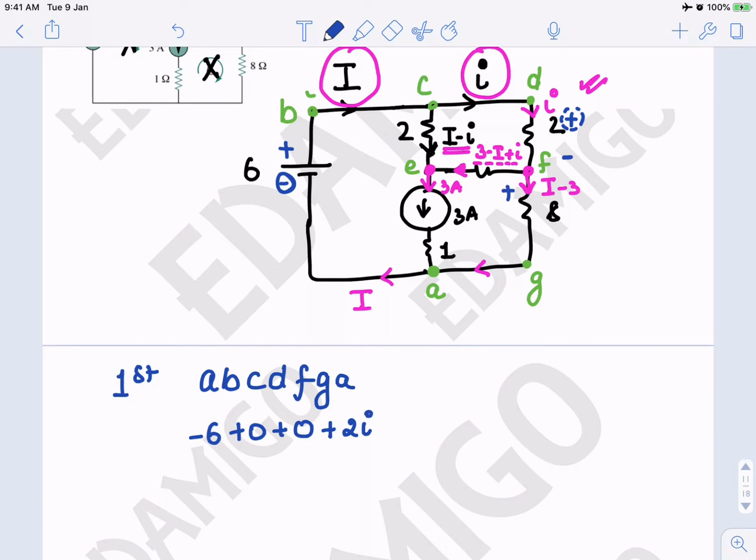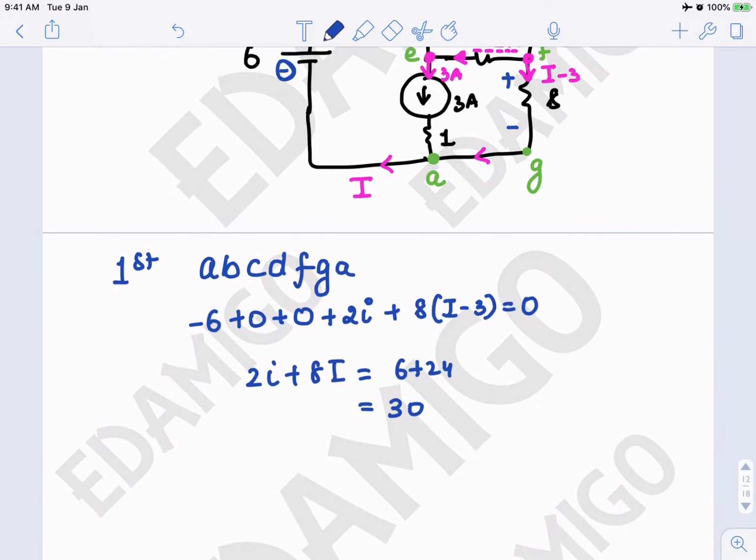F to G, plus at the top and minus at the bottom because current is flowing from top to bottom, so it is plus 8 times (capital I minus 3) equals 0. So 2I plus 8 capital I equals 6 plus 24, that is 30. This is equation number 1.